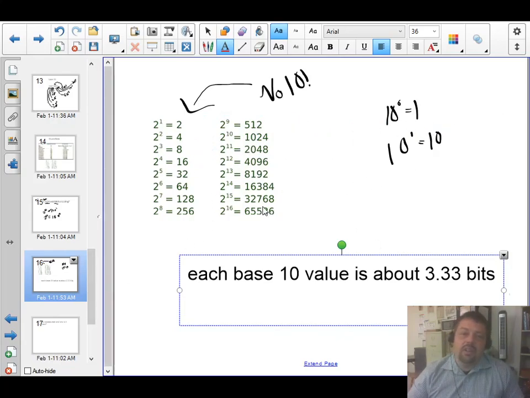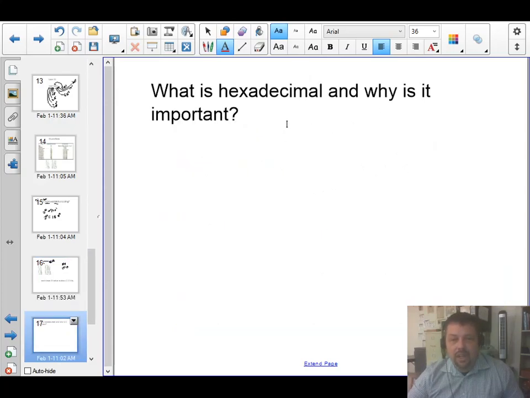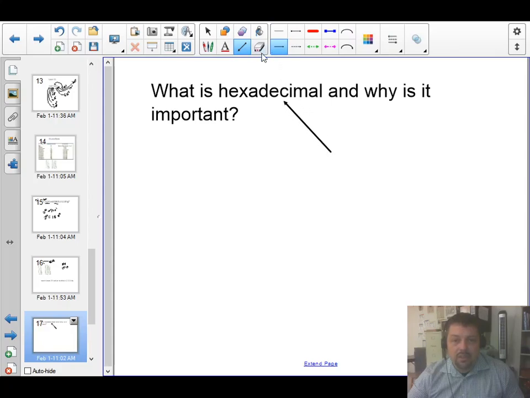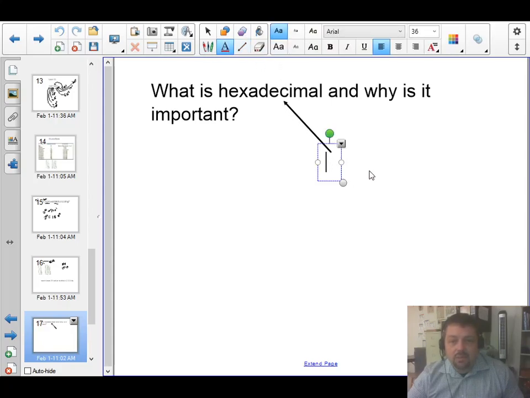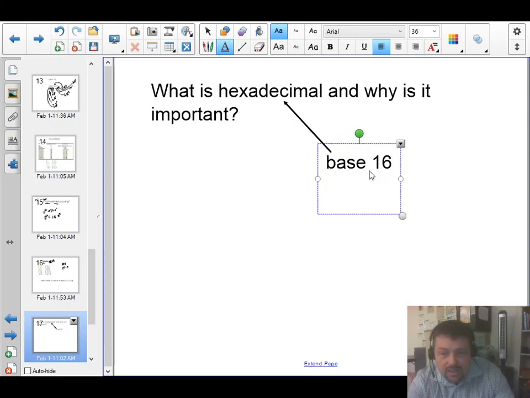So in order to encode binary data more efficiently, we often use what's called hexadecimal, which is similar to what we've talked about so far, but hexadecimal is base 16. So it's got 16 symbols instead of 10. Our base 10 number system has 10 symbols, 0, 1, 2, 3, 4, 5, 6, 7, 8, 9. That's it. Every number you can imagine is expressed using only those symbols. But with base 16, we go a little further.